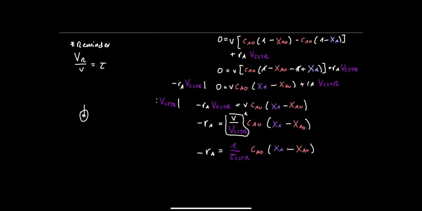So let's say we have n reactors, and they're connected with each other. Here we have our first reactor, at the end we have our nth reactor, and in the middle we have our ith reactor. So the equation we have derived, we can use at any ith reactor.